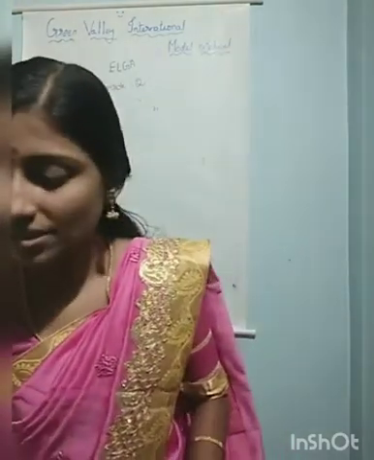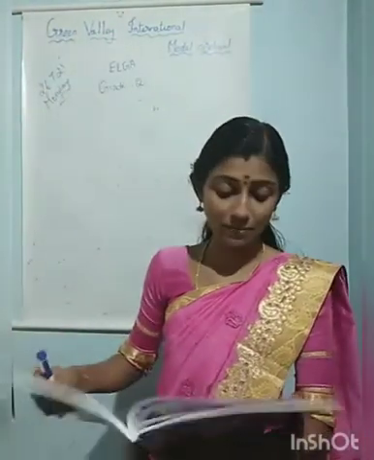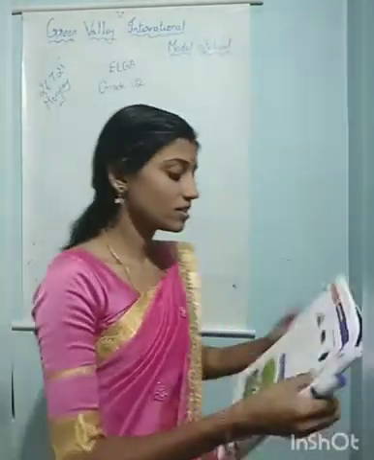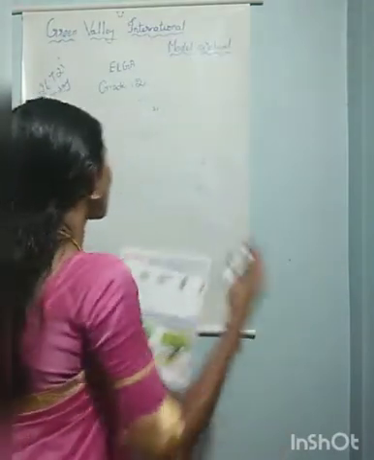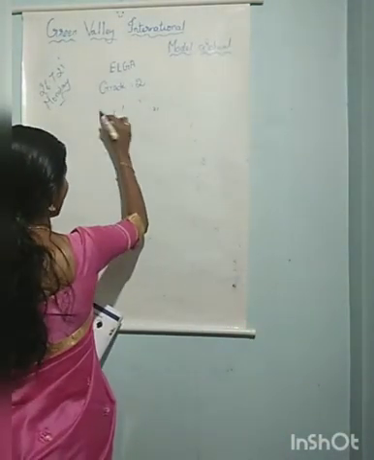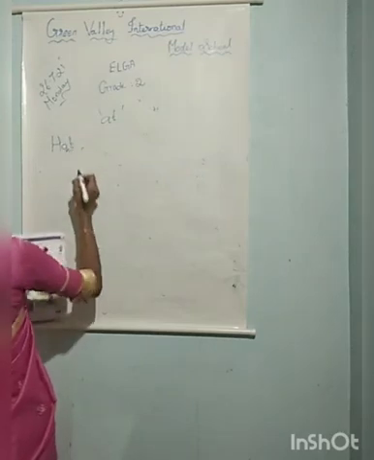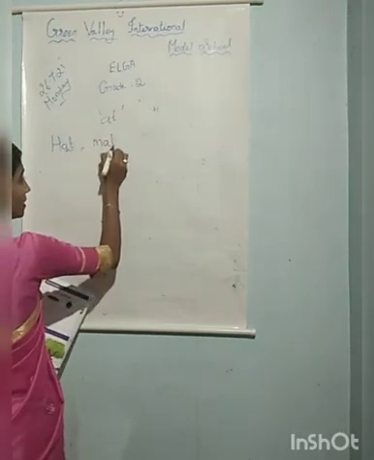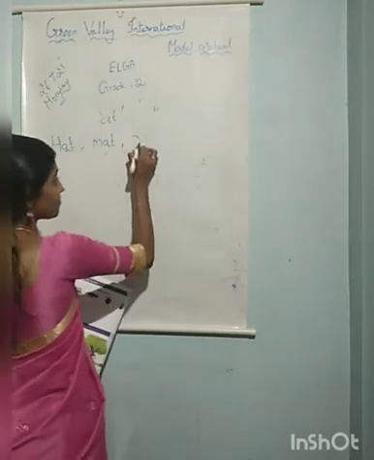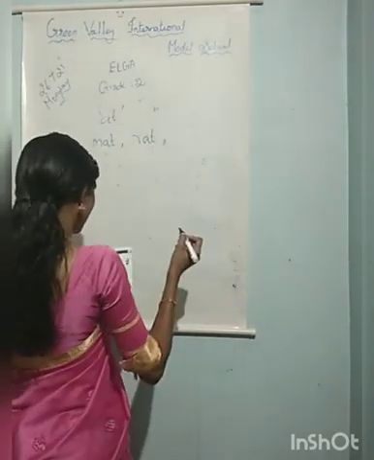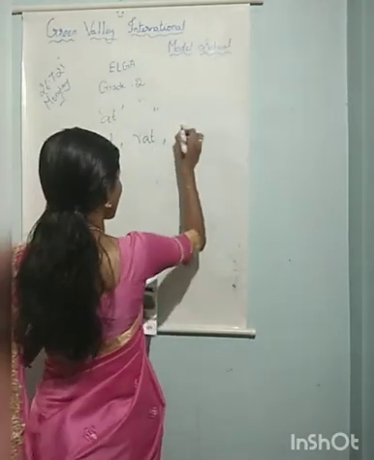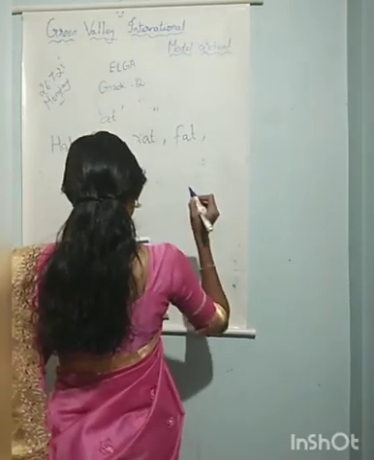Okay. So, next AT word family. Look here. H-A-T, hat. Next, M-A-T, mat. Next, R-A-T, rat. Next, F-A-T, fat.